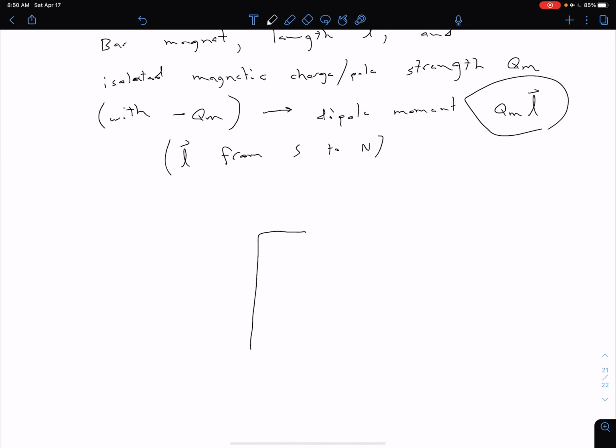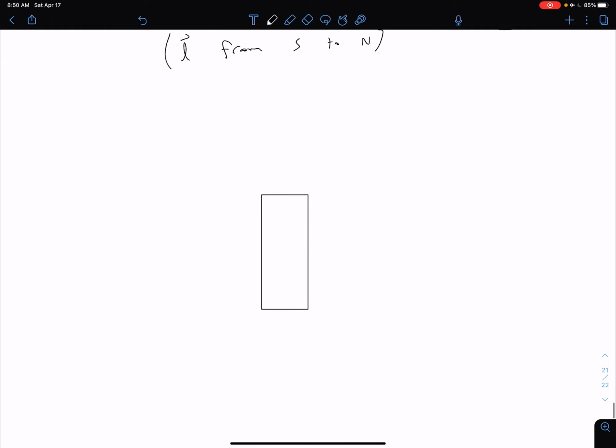So if we had something like this, if this is our dipole, we're saying we have some north pole, which has some equally strong south pole associated with it. Our L is going to be in this direction here, and we could also talk about magnetic flux lines. So let's briefly show those. This is also just going to kind of drive home the similarity between our magnetic dipoles and our electric dipoles.